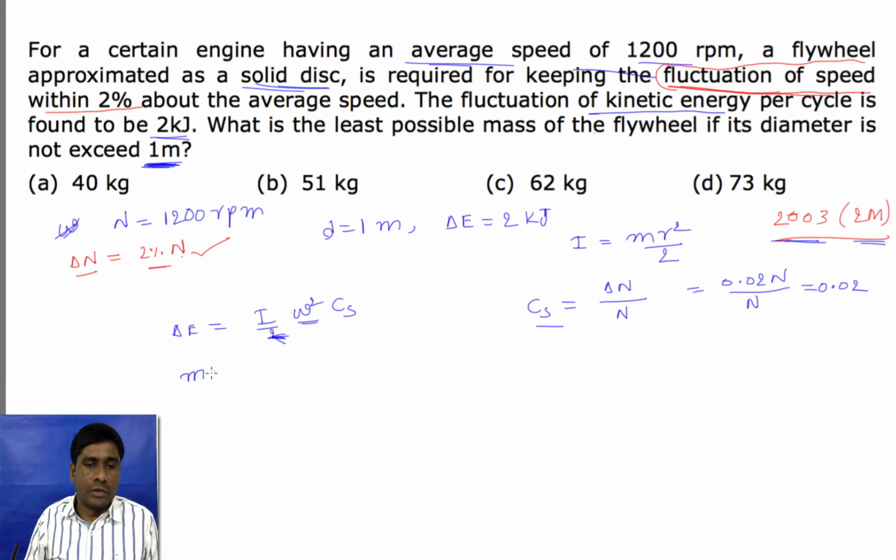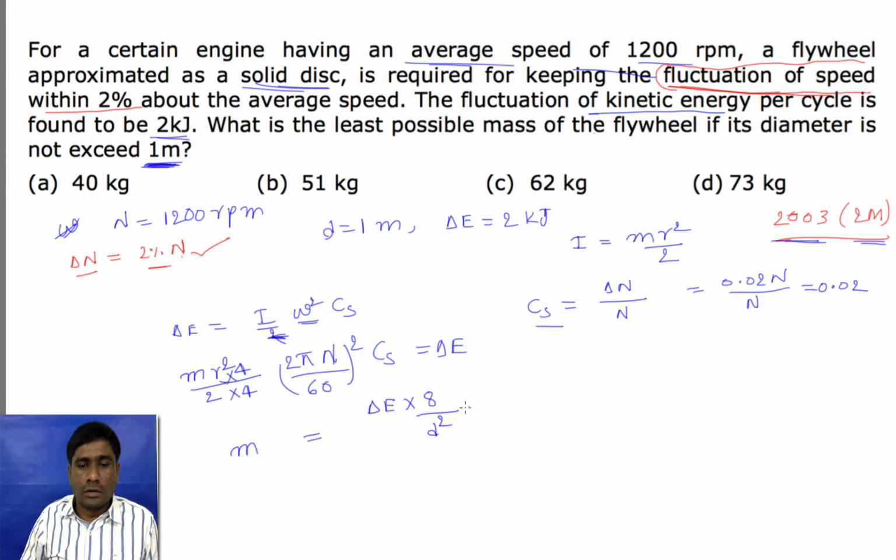If you convert r square, that is mr square by 2, and multiply with 4 and divide with 4, into 2 pi n by 60 whole square, and Cs equal to delta E. So m equal to, this becomes d square, m equal to delta E into 8 by d square into 1 by Cs into 60 square by 4 pi square n square.